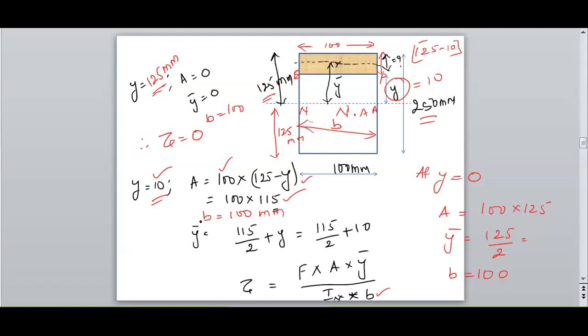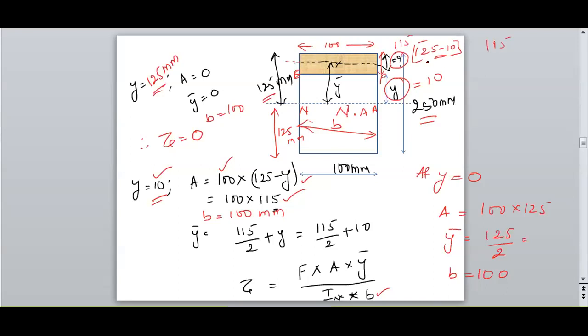Next, I need to calculate the y bar of that shaded area, so I need the centroid of the shaded area. The height of the shaded area is 125 minus 10, which is 115.